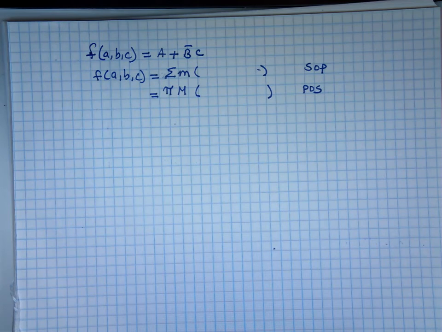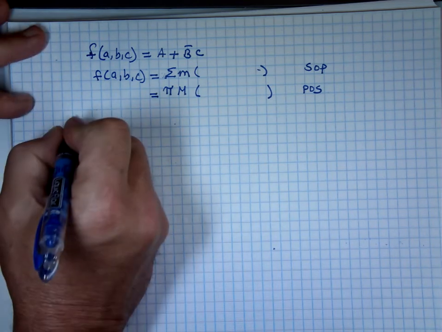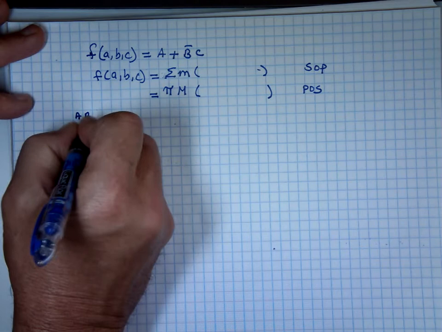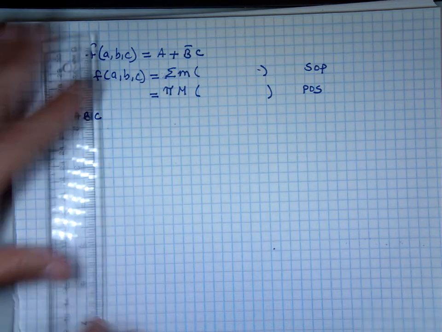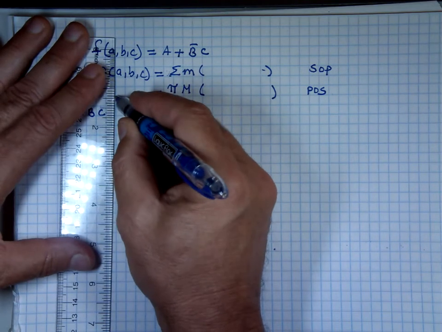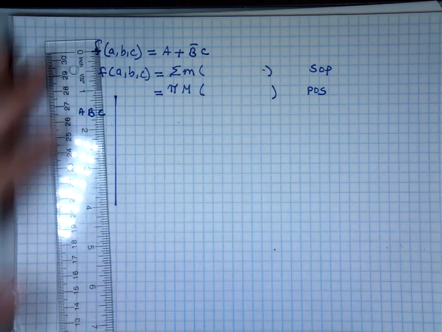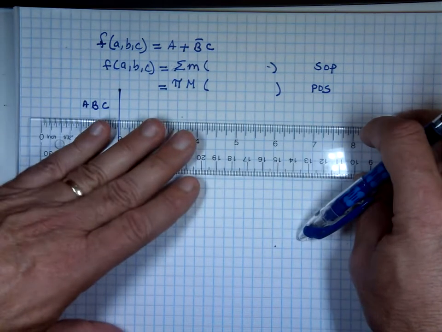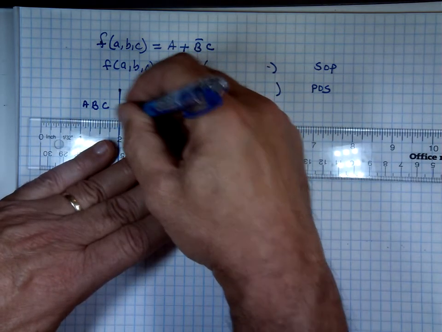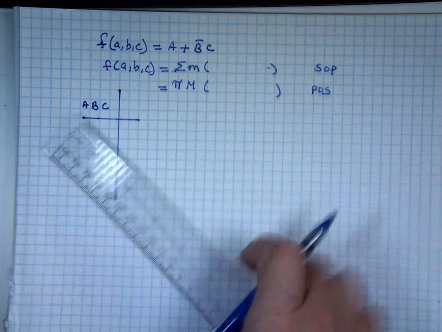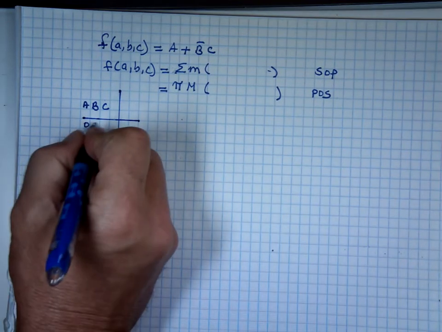I can do the same thing. I can go A, B, C. That's where the truth table comes in now. Let's list all the combinations. 0, 0, 0.